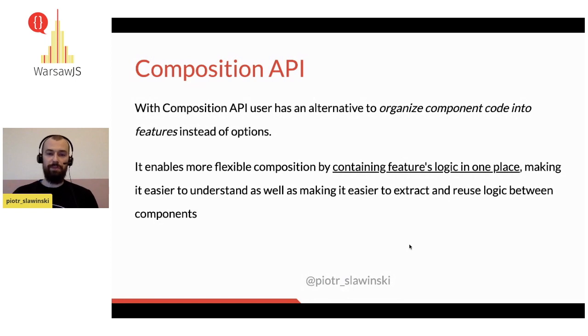So Composition API allows you to separate the logic within one feature. That's the main difference. You just handle the code as a feature. All of the things I mentioned before, the reactive data, lifecycle hooks, etc., live within one place.